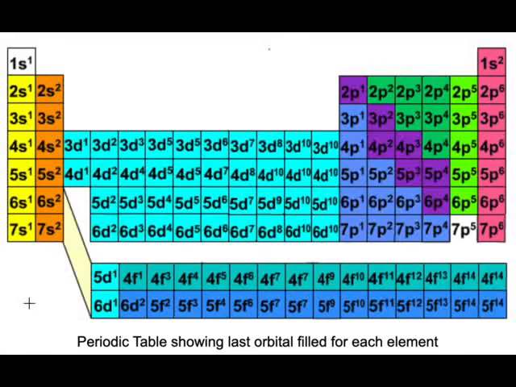So here's again the periodic table of the elements, but now showing not the element name, but the electron configuration, showing the last orbital filled for each element. So hydrogen, 1s1. Helium, 1s2. Lithium, 2s1.